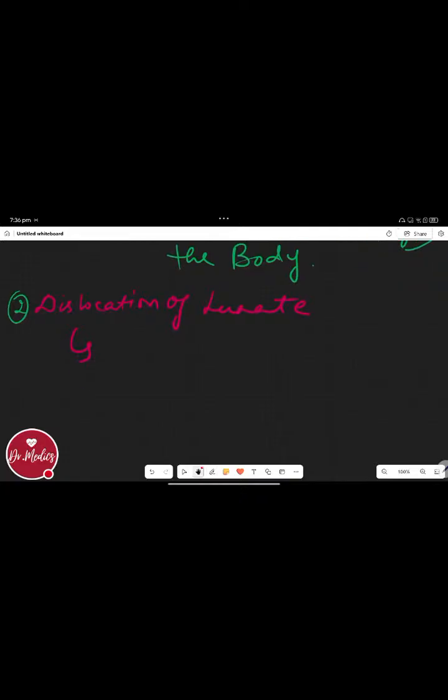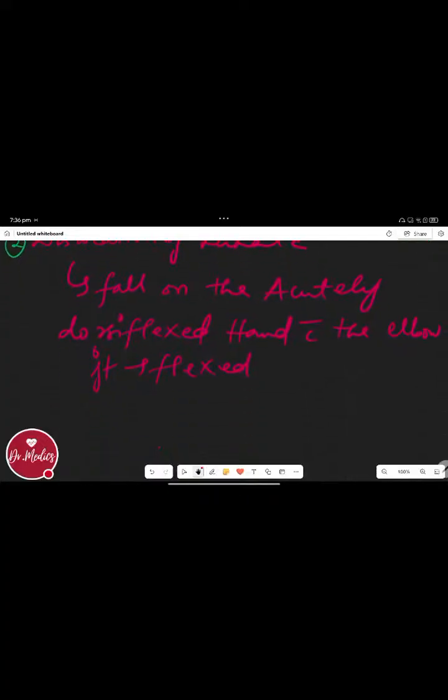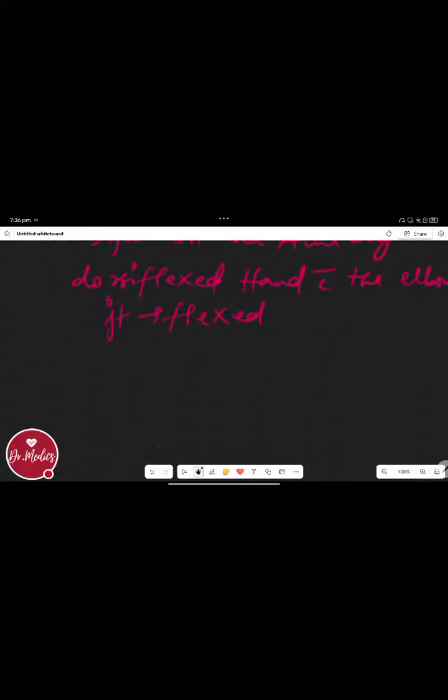Dislocation of lunate can be produced by a fall on the acutely dorsiflexed hand with the elbow joint flexed.